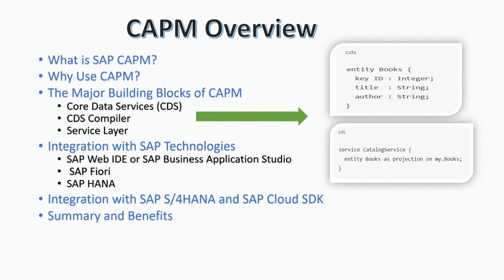Also helps developers to focus on business logic, not on infrastructure or boilerplate code. So, in short, it's the fastest and cleanest way to build SAP cloud applications today. Last but not the least, I would say, if you are just starting your SAP journey, this framework is definitely worth learning.